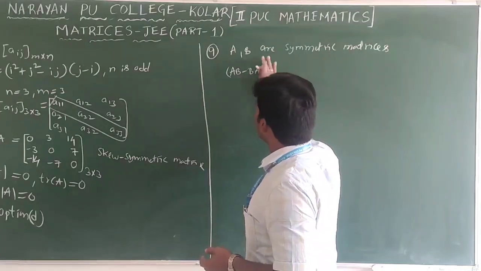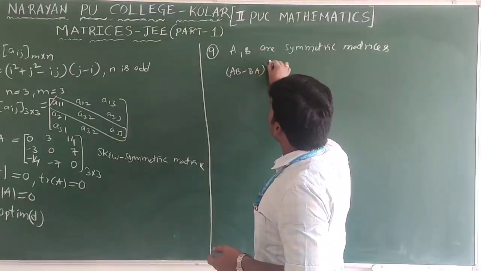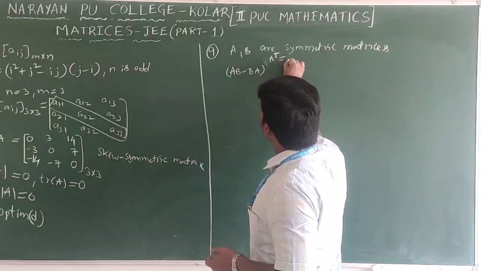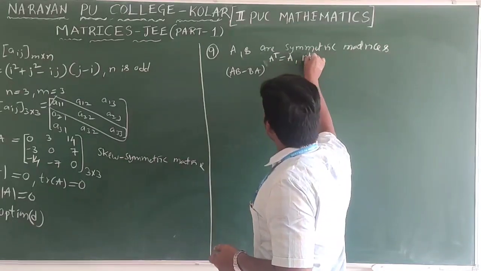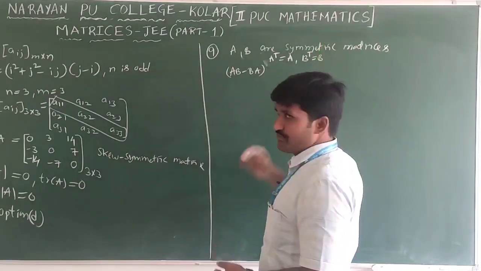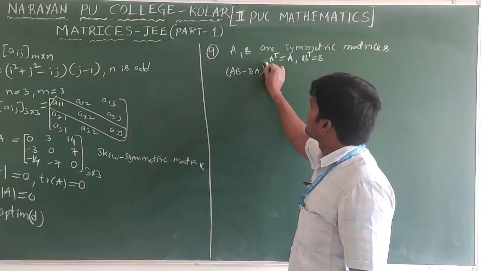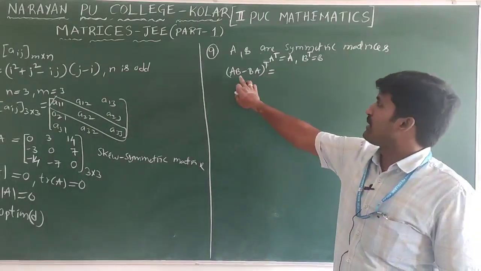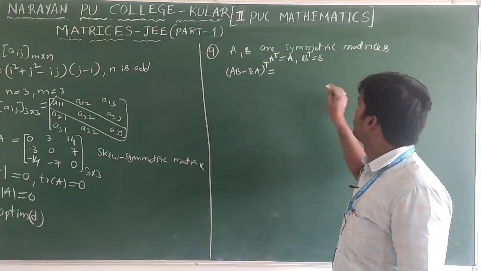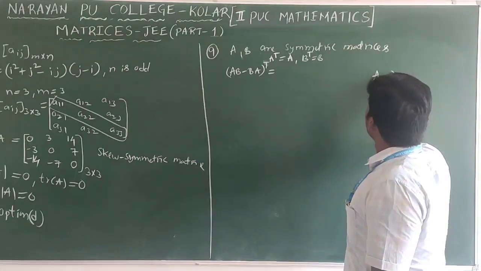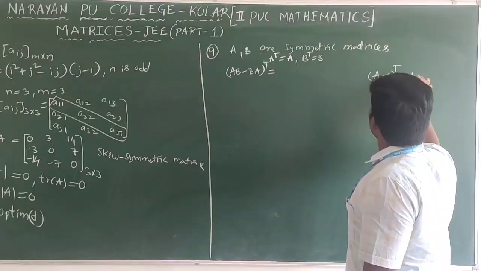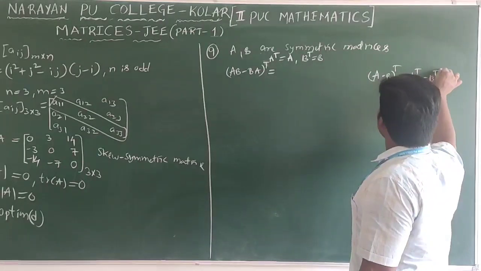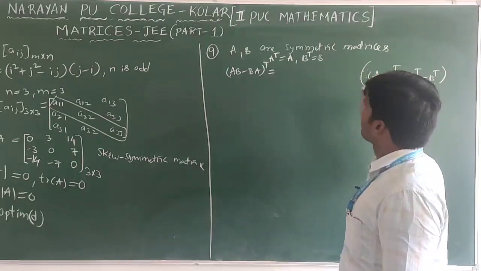Take the whole transpose. First of all, A and B are symmetric, which means A transpose equals A and B transpose equals B. To check which matrix it is, take the transpose. We have the formula (A minus B) whole transpose equals A transpose minus B transpose.